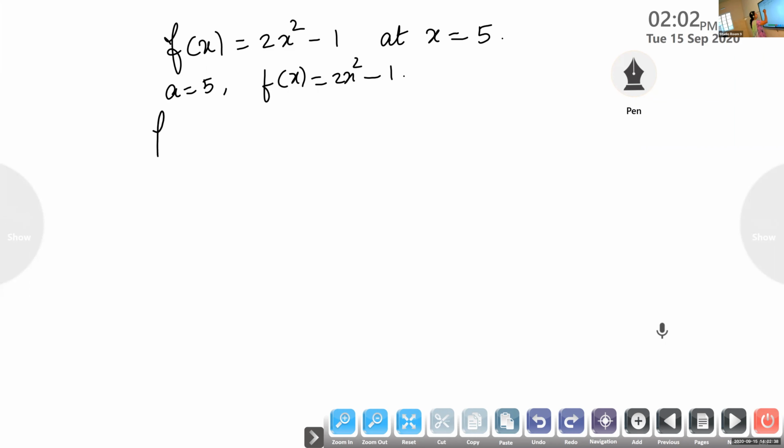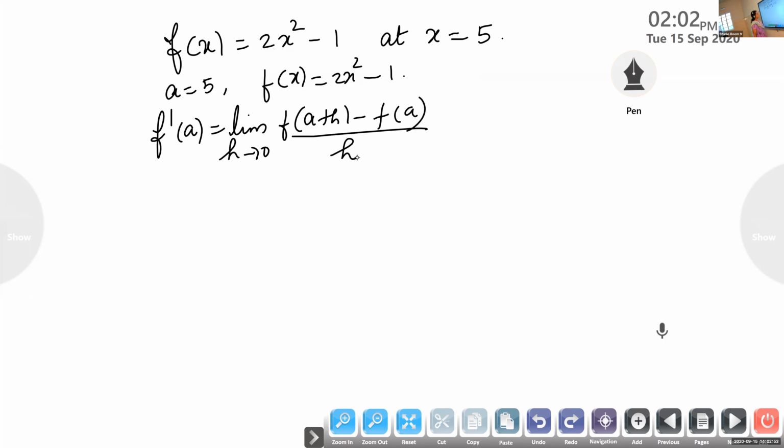Now apply the formula. The formula is f dash of a is equal to limit h tending to 0 of f of a plus h minus f of a by h.